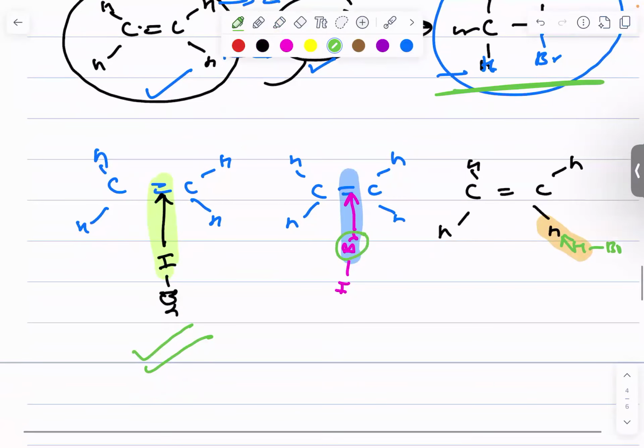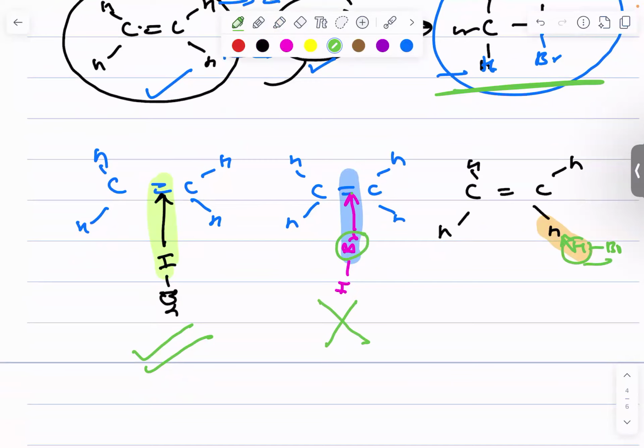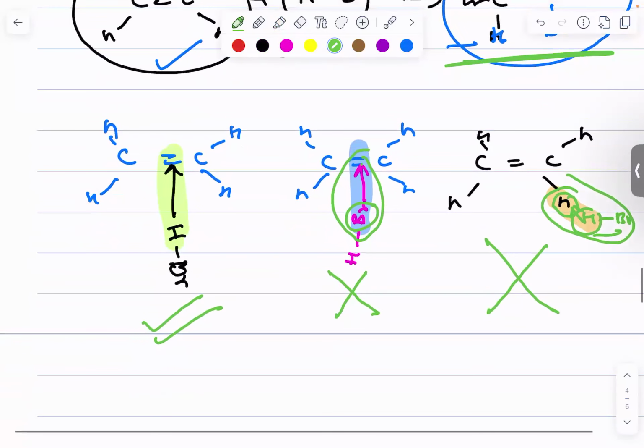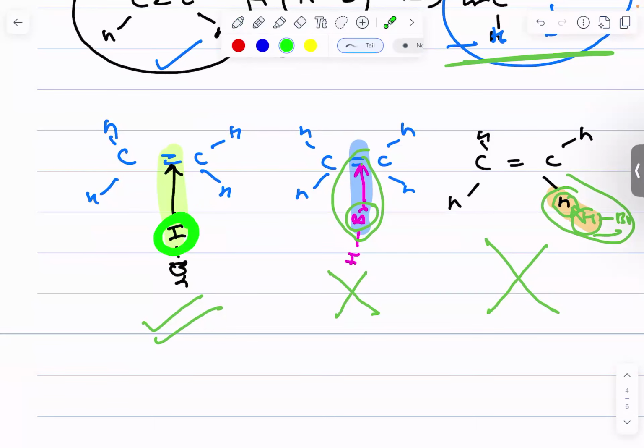If Br will collide with the double bond, no product will form. If the H of the HBr will collide with the H of the ethene, no product will be formed. Why? This is not a correct orientation. What is the correct orientation? When hydrogen collides with the double bond.